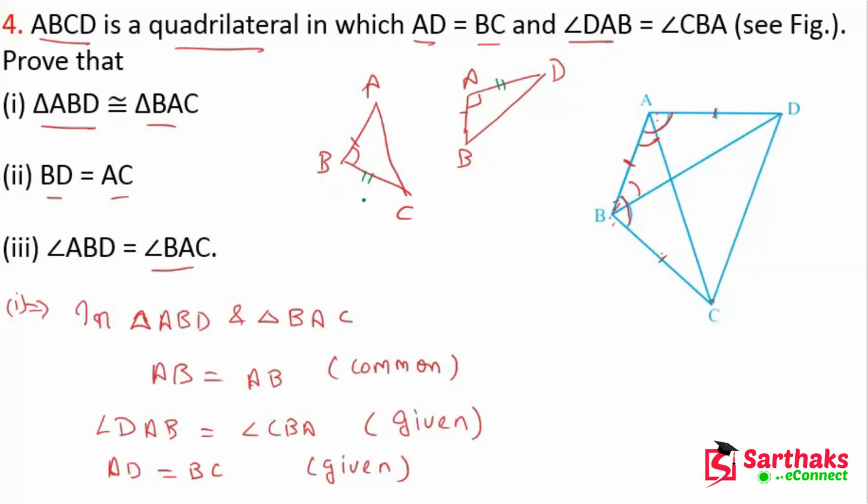So we can say that these two triangles are congruent by side angle side. So we can write here that triangle ABD is congruent to triangle BAC by the side angle side rule.